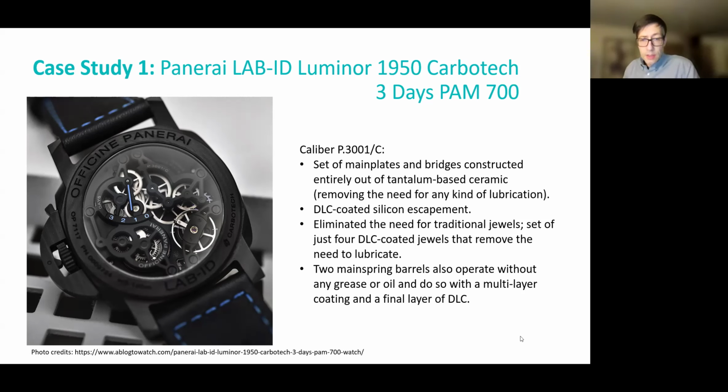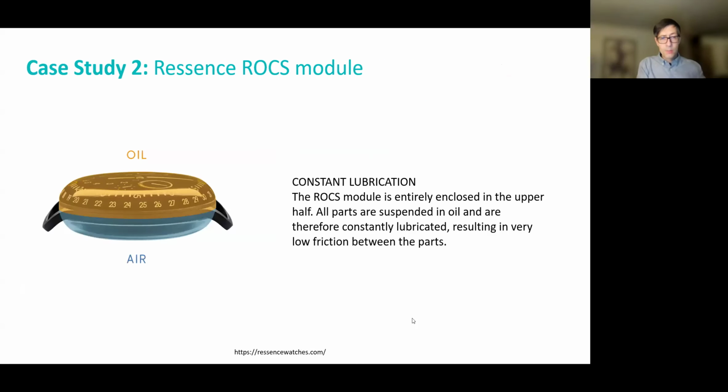And last but not least, their 2 mainspring barrels also operate without any grease due to the presence of DLC coating. So that's a first example, mainly focused on application of surface engineering solutions, in this case DLC coating inside the watch mechanism.